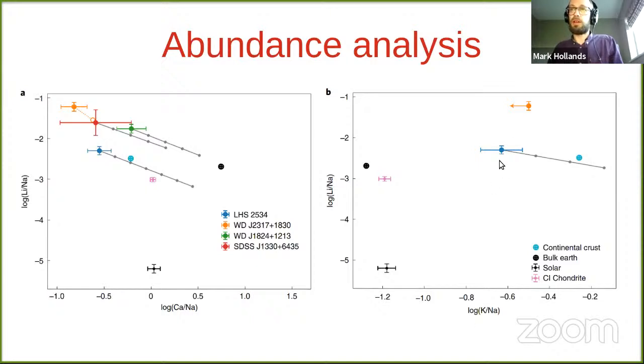And we find, again, 2 million years ago, the composition in the atmosphere would have looked exactly like continental crust. At no point in the past could it have looked like these other types of planetary object. So our main conclusion is that at least this object has accreted a fragment of a planetary crust. And given the close proximity to the other objects, we at least suggest that these could also have accreted planetary crusts.